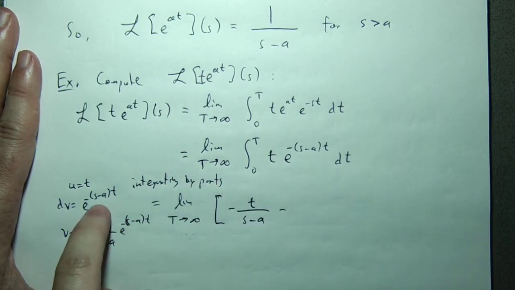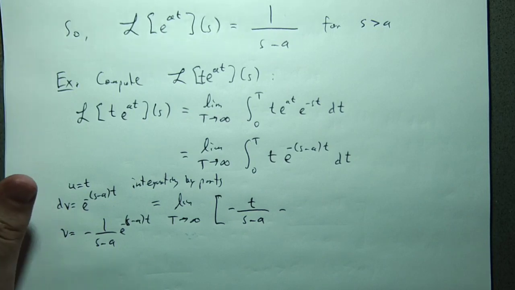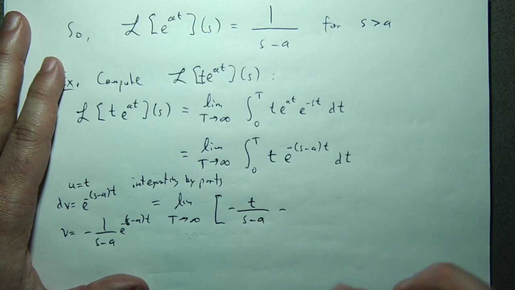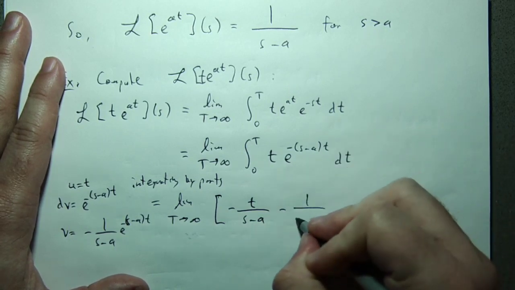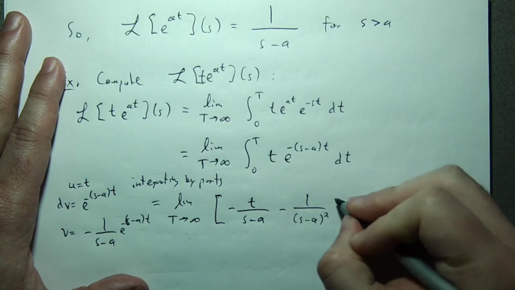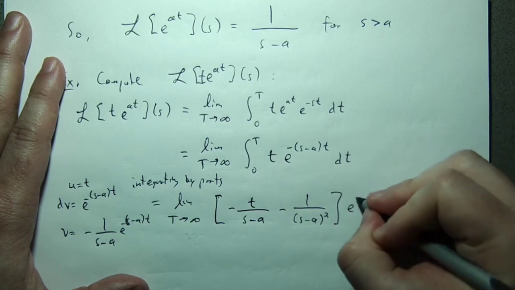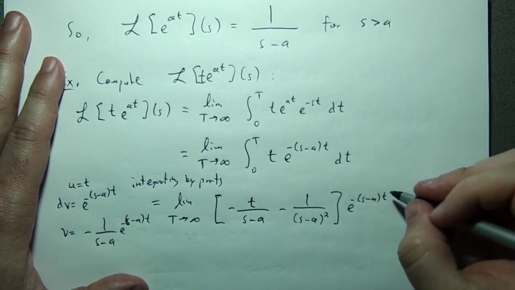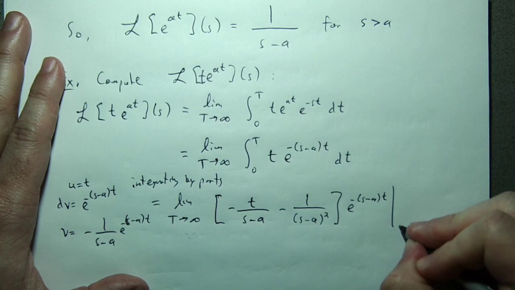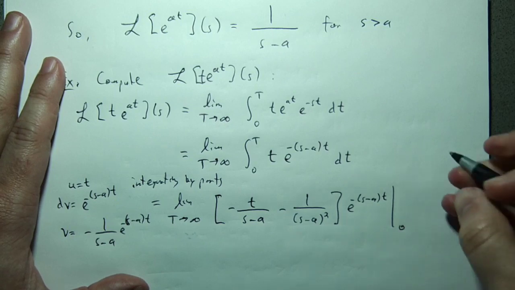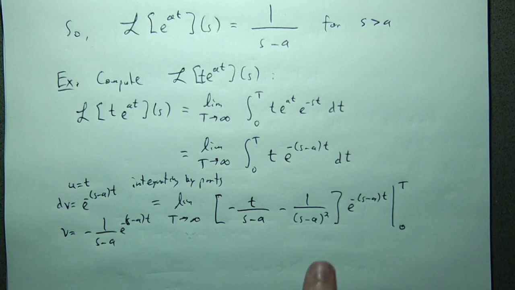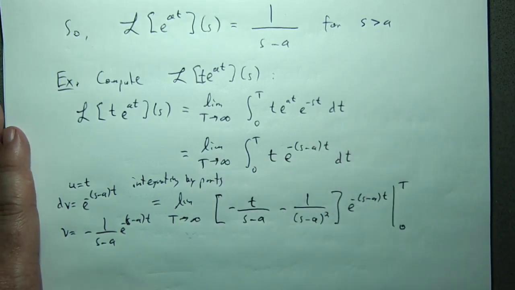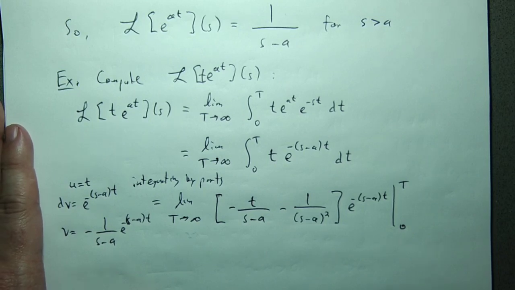If this is dv, then this is our v. Okay, and so this is minus t over s minus a minus 1 over s minus a squared, all times e to the minus s minus a t. And this is evaluated from 0 to big T. Remember, in this case, you're integrating with respect to t, so this evaluation occurs in the t, not the s.